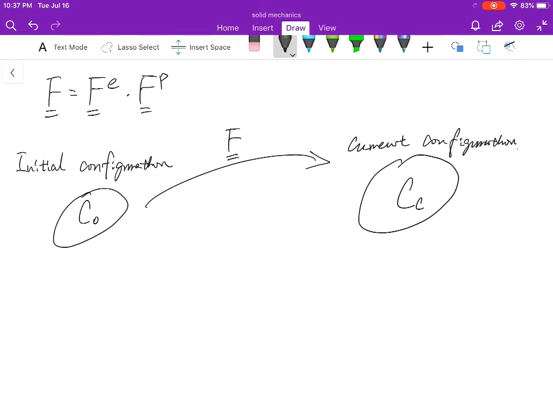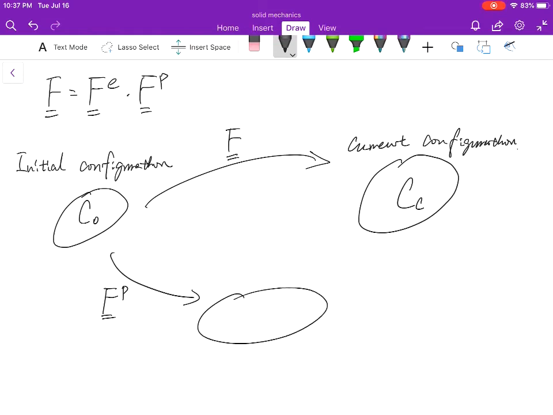And if we do a thought experiment, we can separate the elastic deformation from plastic deformation. Even though this is not practical, let's just do this thought experiment. So first, let's apply a plastic deformation associated with Fp.